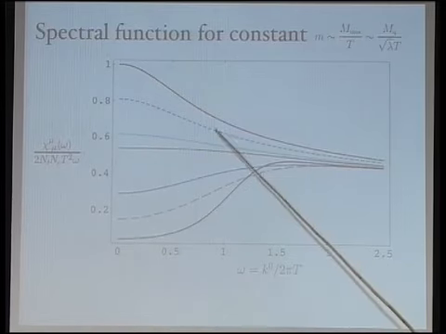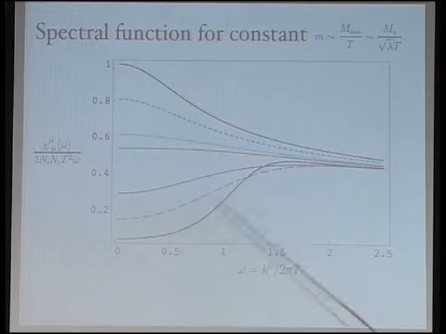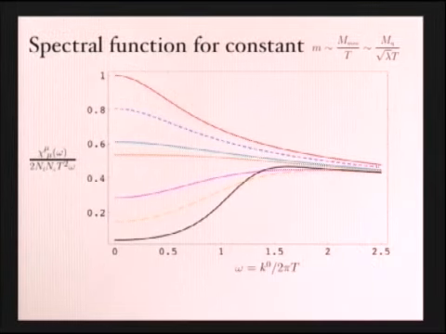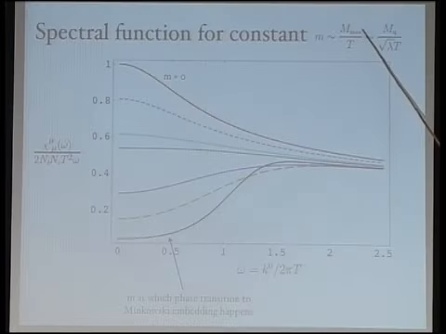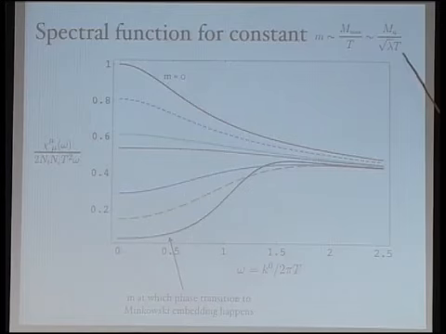These different curves correspond to the spectral function for different values of little m, which is another dimensionless ratio, the meson mass divided by the temperature, or if you like, mq divided by root lambda t.